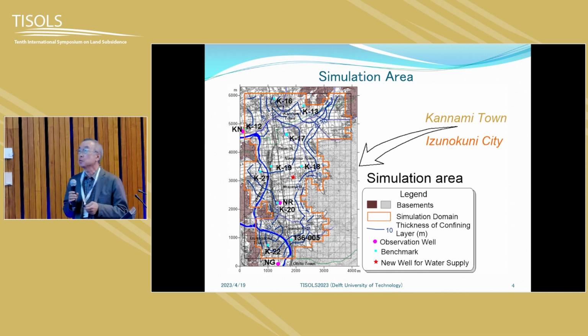The simulation domain is 6 kilometers long and 4 kilometers wide. It's a small area. And cell size is 200 meters by 200 meters.